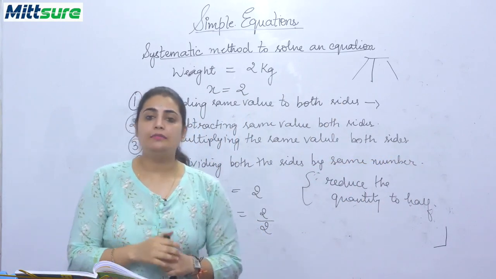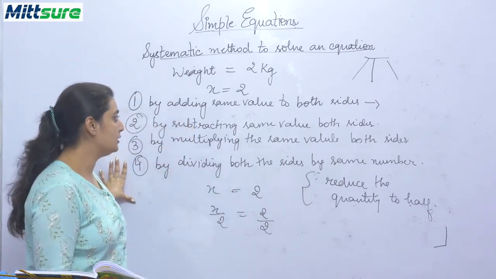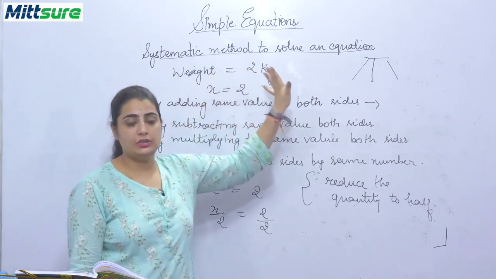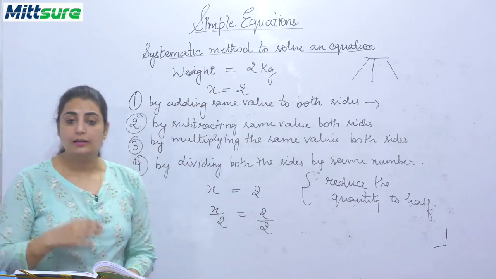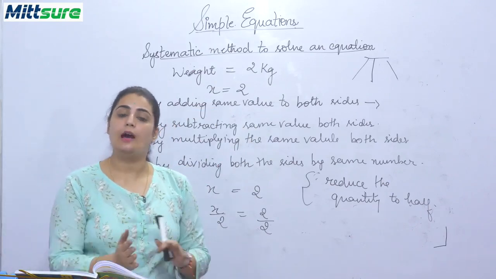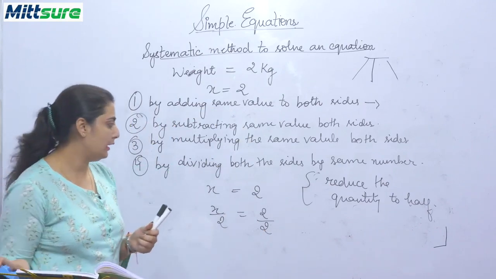This is how we find out 4 different conditions to solve an equation using the systematic method, right? Now we will try to learn how it is applied when we are solving an equation.